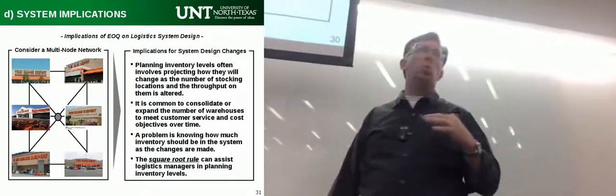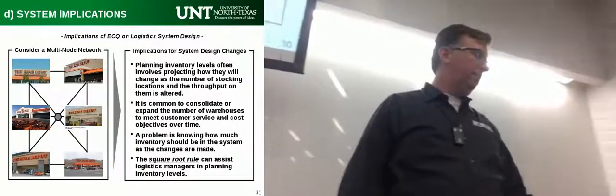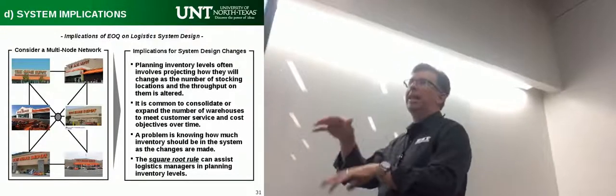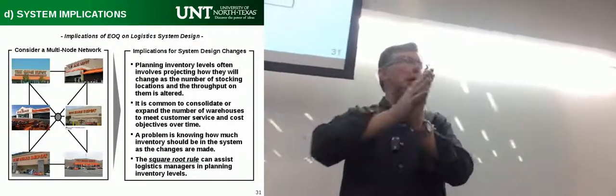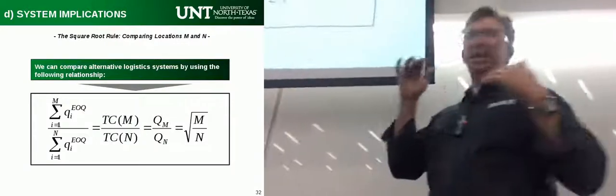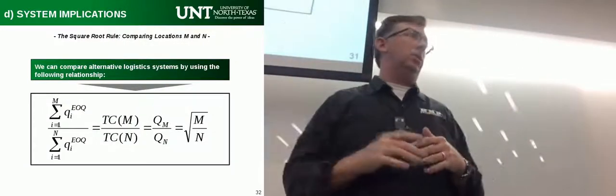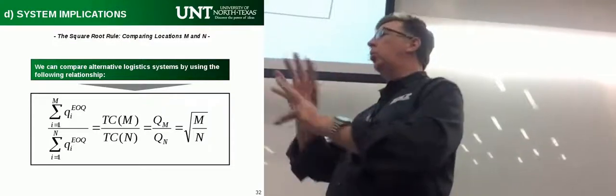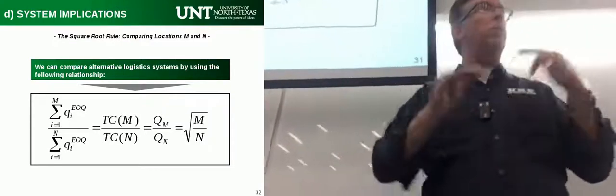No. It goes up by the square root of the number of locations. Okay? So the scaling factor isn't linear. It's the square root of the beginning locations and the ending locations, right? And this ratio applies to units of inventory.